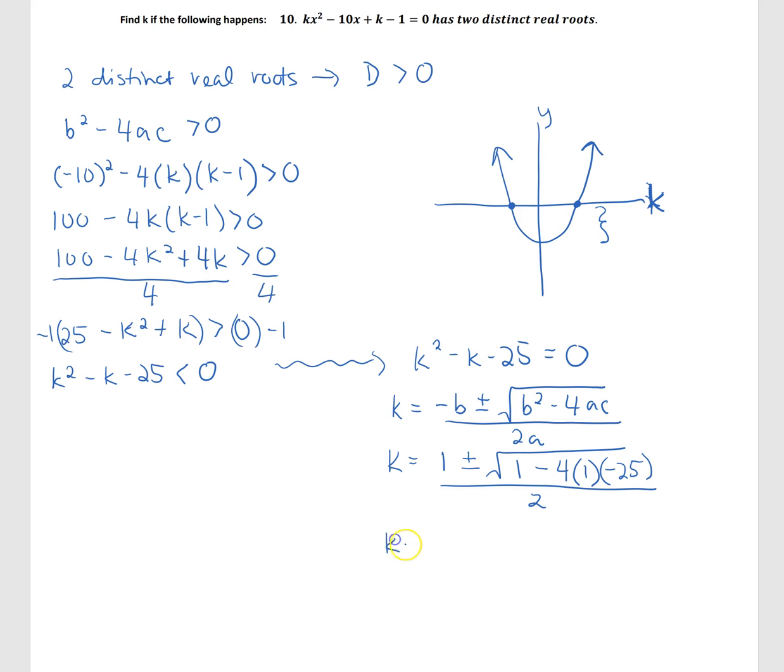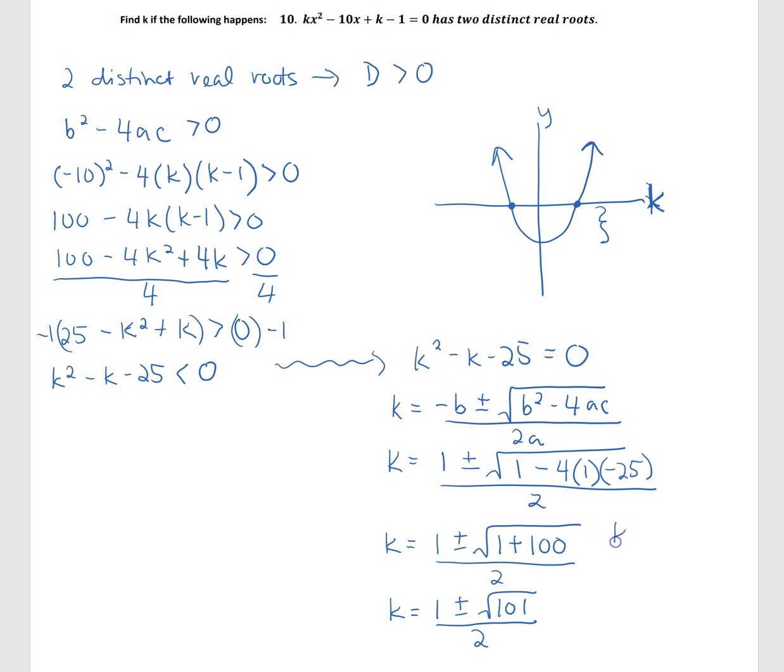Okay, and so simplifying this down, we have 1 plus or minus the square root of 1 minus 4 times 1 times negative 25, which is negative 100, but we have this negative sign out front, so that cancels out, and we have a positive 100. And so we get k is equal to 1 plus or minus the square root of 101 over 2.